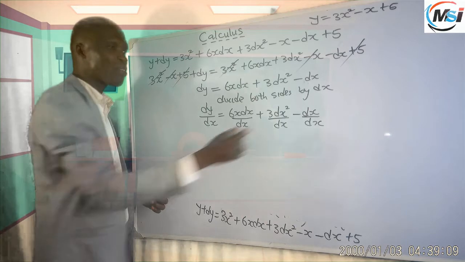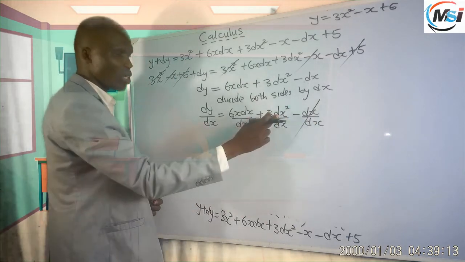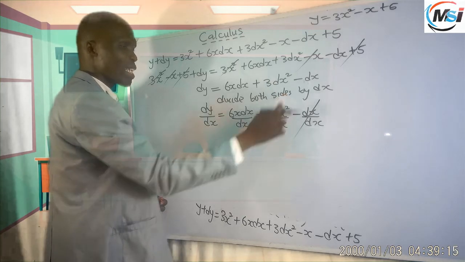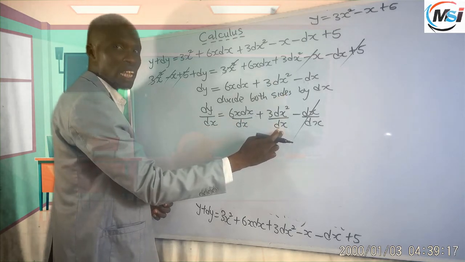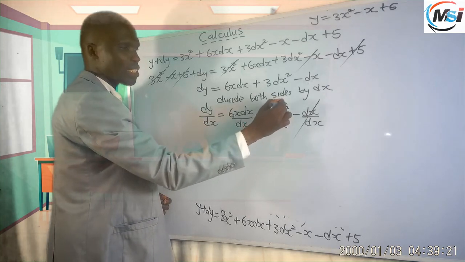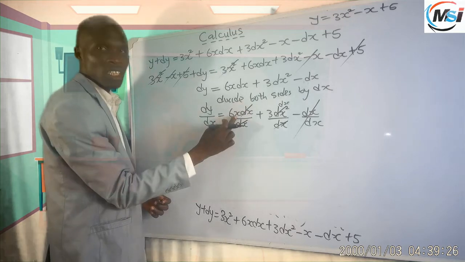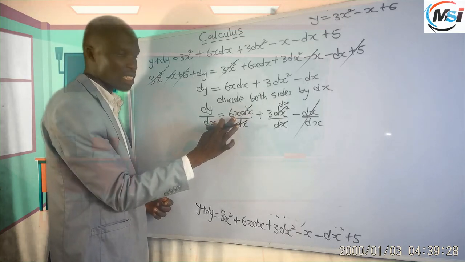So something will happen here. This will cancel each other. You know we have dx squared here and we have only single dx here. So this will cancel this. It will remain 1 dx. Okay? This dx will cancel this dx. What's left here is 6x.